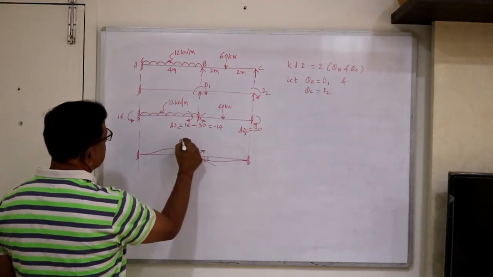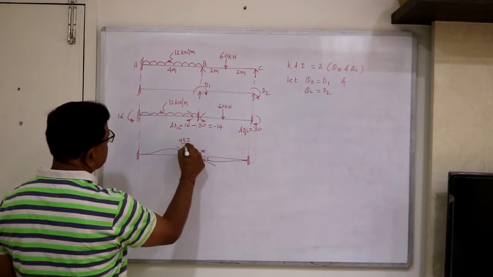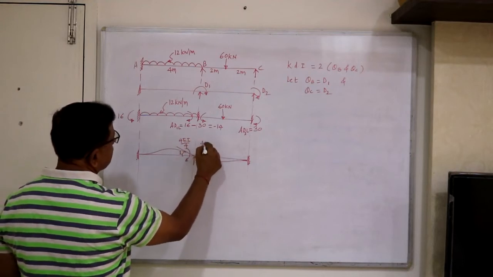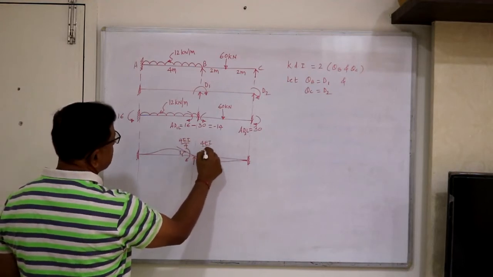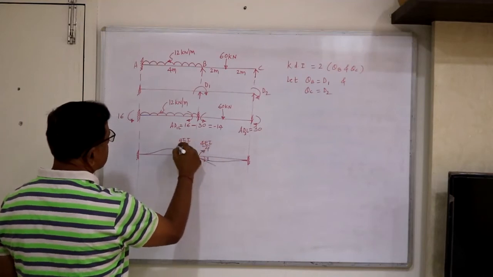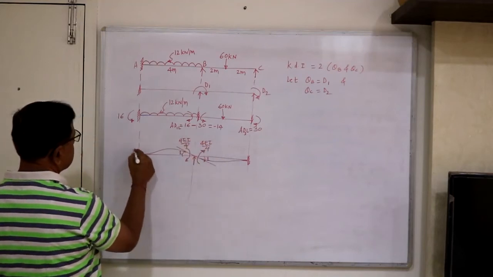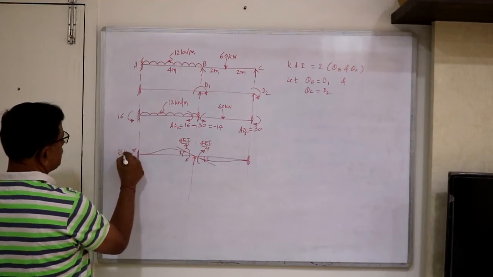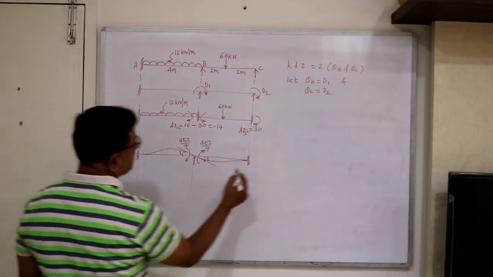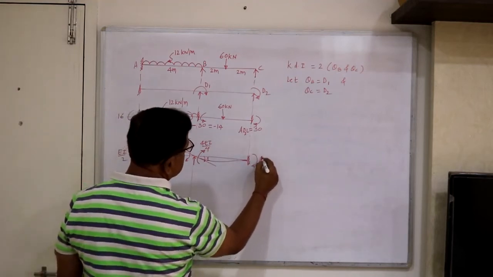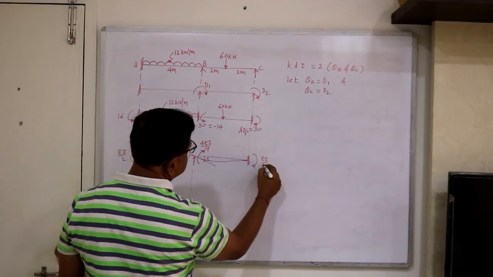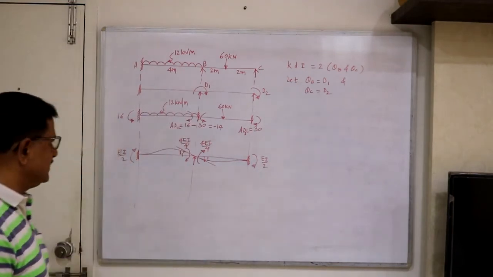This is 4 EI upon L is 4. This is also 4 EI upon L is 4. So this 4 gets cancelled. So here it becomes EI by 2 clockwise, and here also clockwise EI by 2.